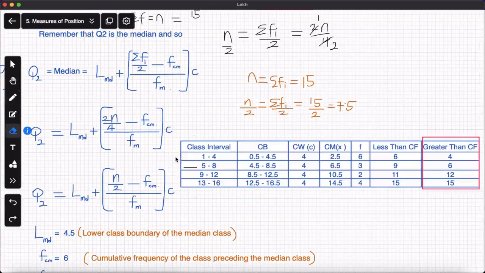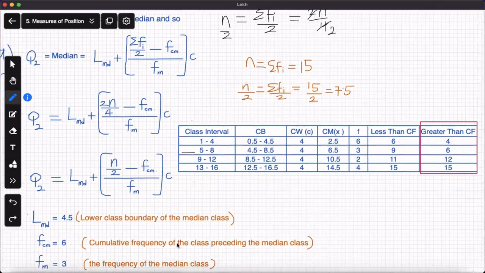Now that we know the median class, we need to obtain the lower class boundary. The lower class boundary will be this 4.5. What is the cumulative frequency of the class preceding the median class?